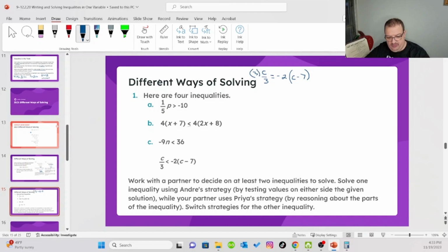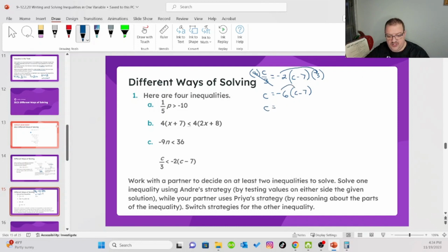So I'm going to multiply the left by 3, and I'm going to multiply the right by 3. So now I have c equals -2 times 3 is -6 times c minus 7.